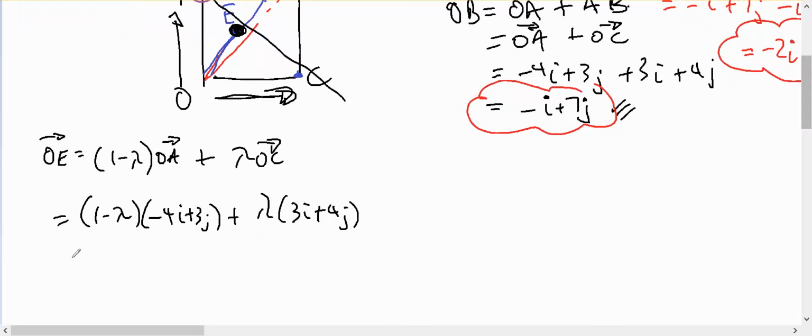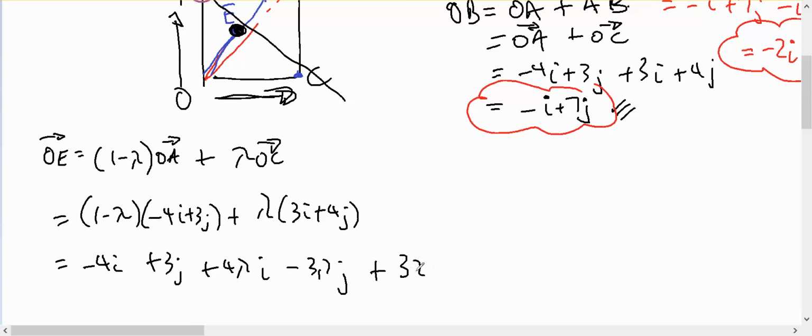So I end up with 1 times minus 4i plus 3j plus 4 lambda i minus 3 lambda j plus 3 lambda i plus 4 lambda j.